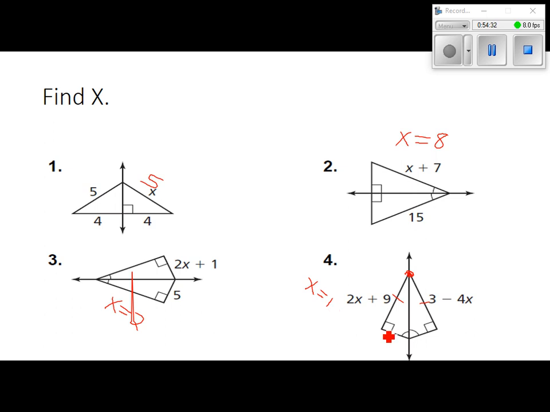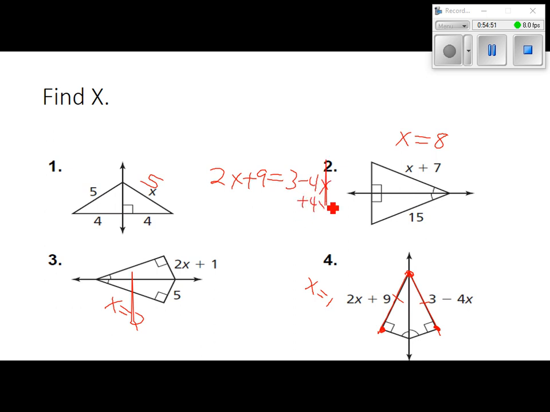Yep. So what's true about the distance from here to there and the distance from here to there? Same. They got to be the same if they're both right angles there. So 2x plus 9 should equal 3 minus 4x.